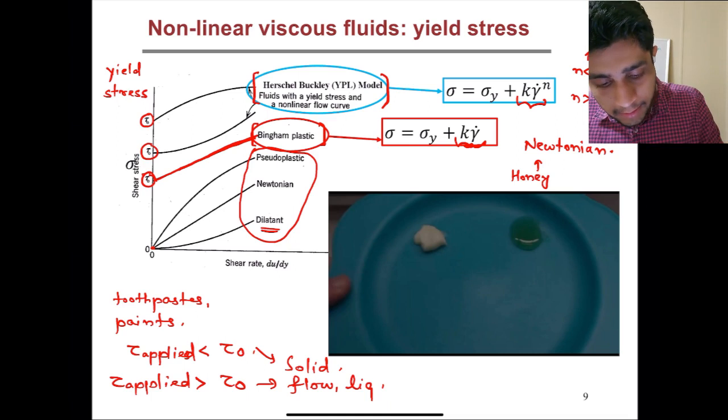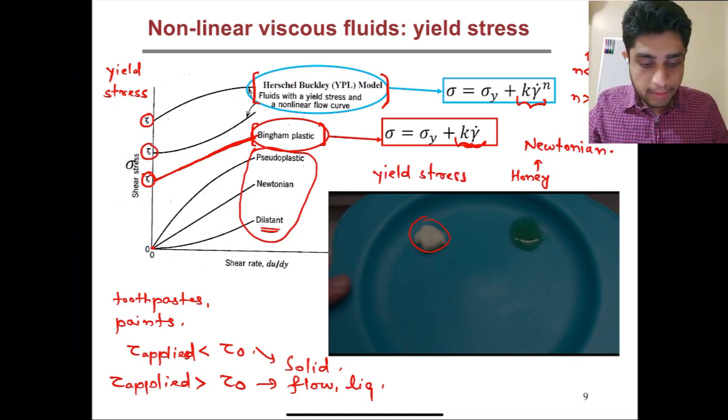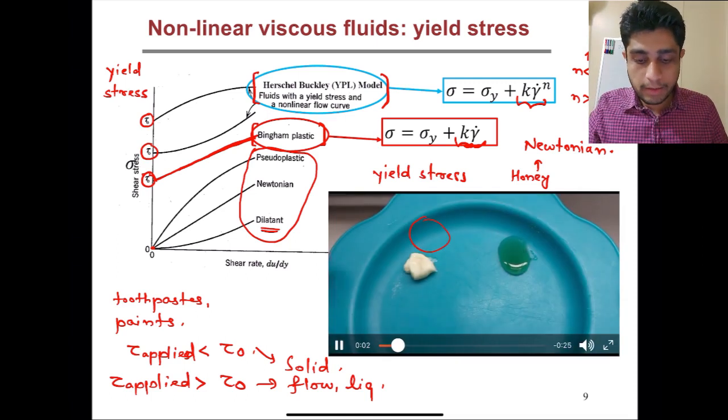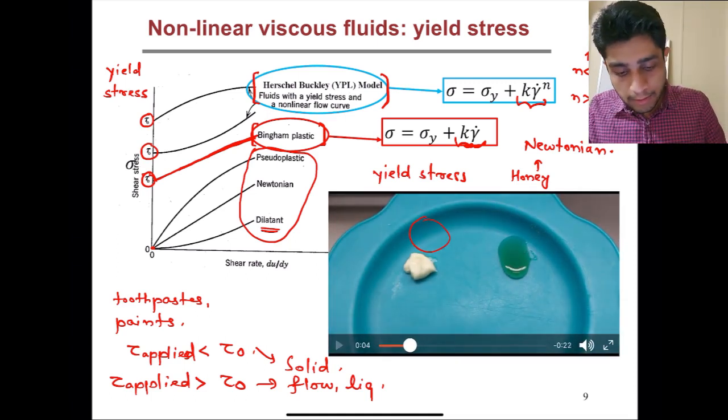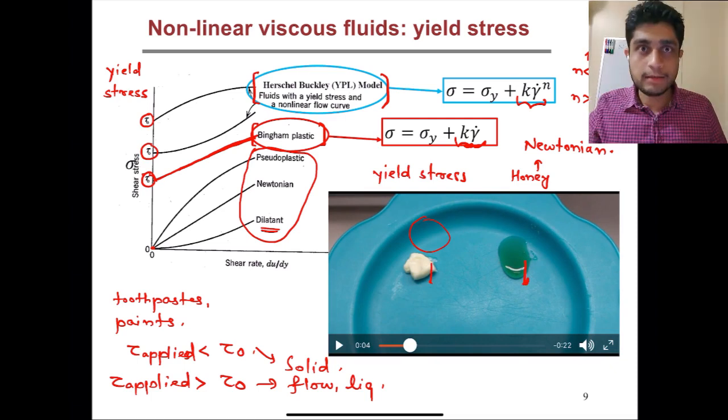And this here is mayonnaise, which is a yield stress fluid, and they are kept in a beaker, and we tilt the beaker. As we tilt the beaker, the weight of these fluids acts in the direction of gravity, and that results in a shear stress.